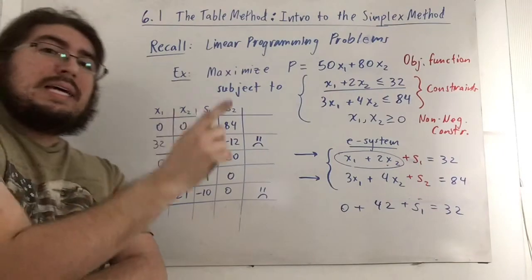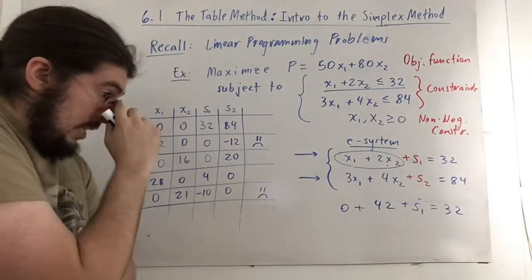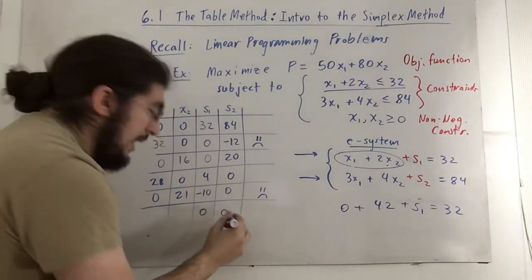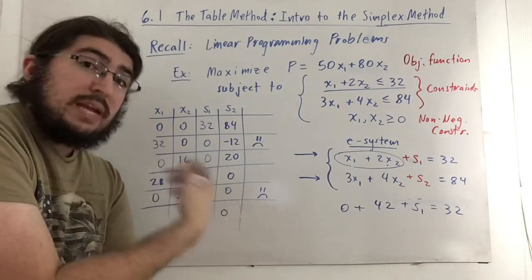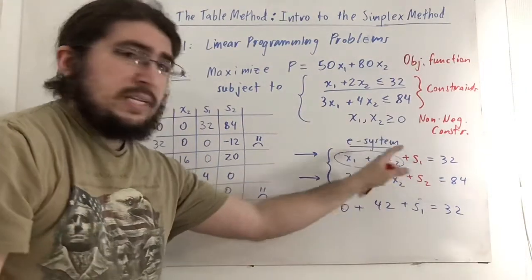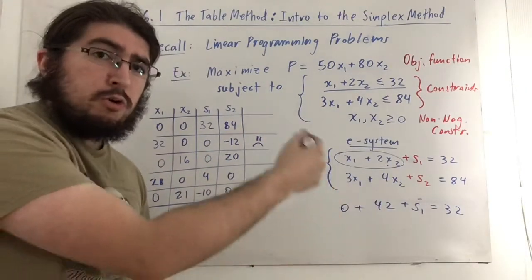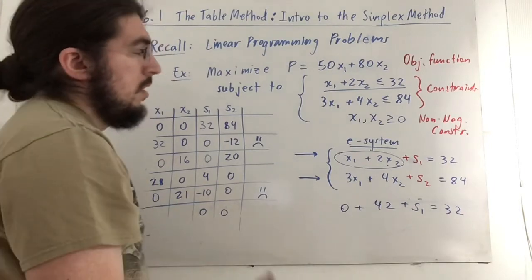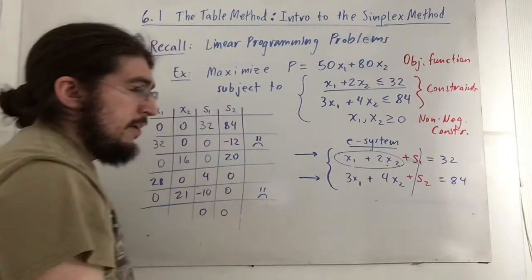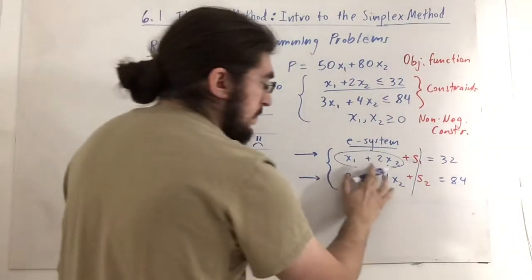So now, one last thing to do. We need to set s1 and s2 each equal to 0. Because when s1 and s2 are each equal to 0, we will have our system of equations that we saw before. It was that one corner point that took a little bit of work. If you imagine that s1 and s2 aren't there, how can you solve this system?